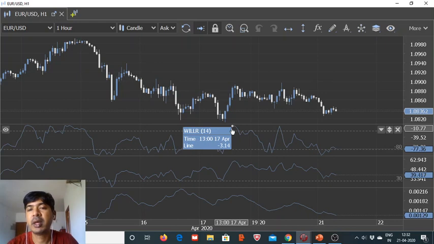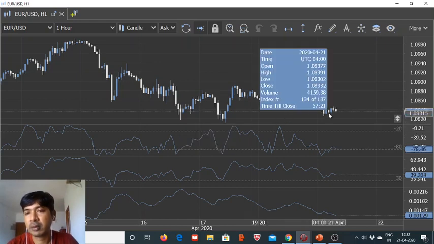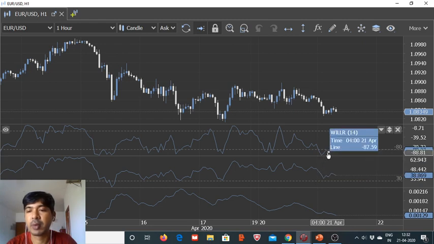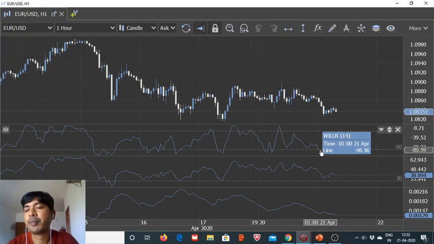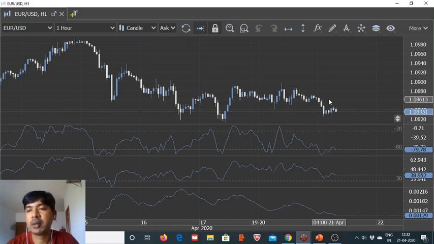And then whenever there is some buying momentum, let's take an example of the buy trade. Whenever the momentum comes and a little bit of buying comes on the lower side, and the Williams R value has been in the oversold territory for at least 3 hours, then only we look for a buy trade.